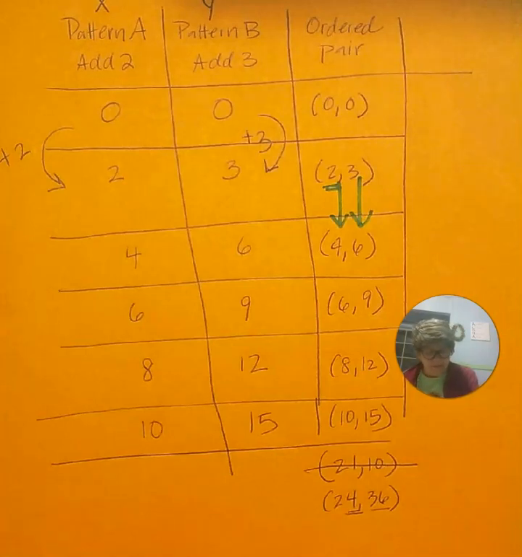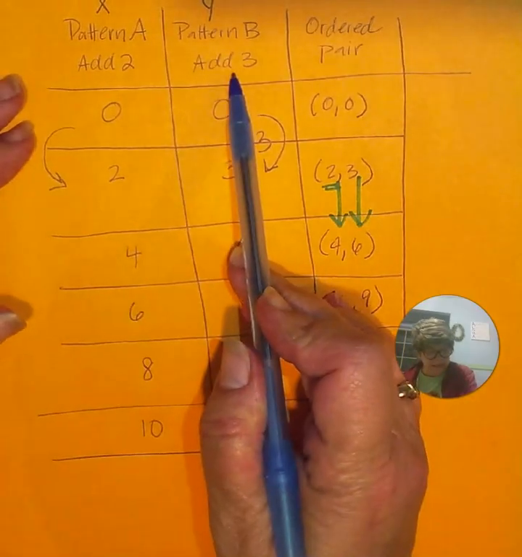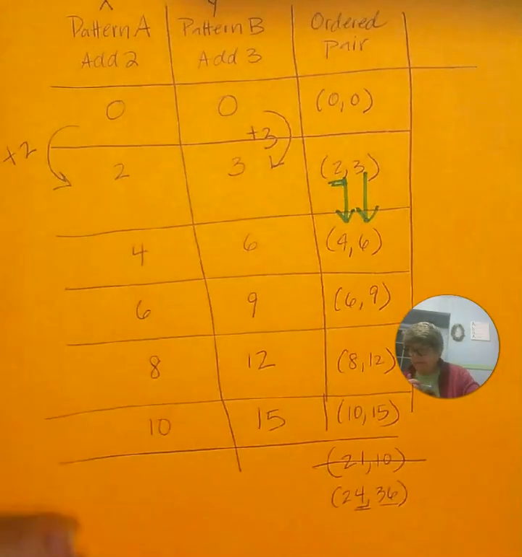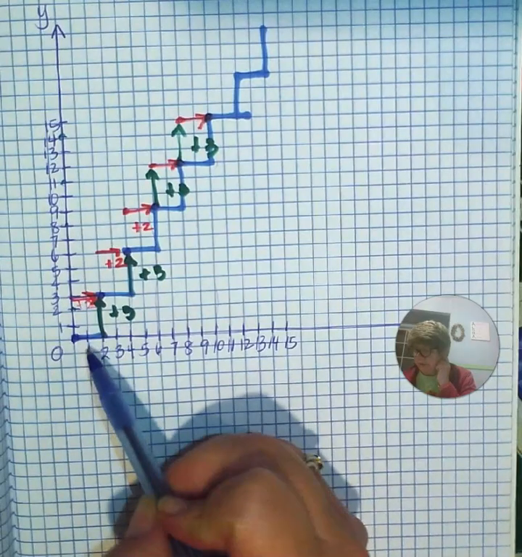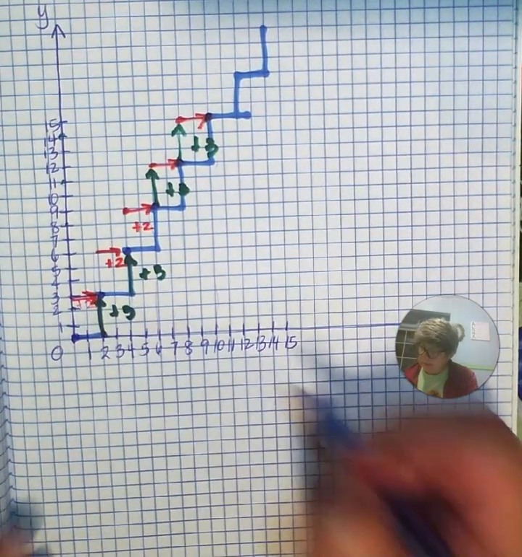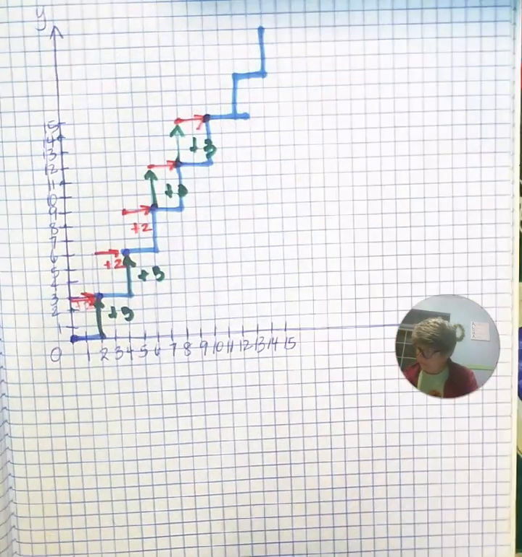How will this graph be different if pattern A stays the same but pattern B changes to add 6? Instead of adding 3, what if this one is adding 6? Think about our graph. Okay, so we're still going 2, but then we're going to go up by 6. Do I have another color here?